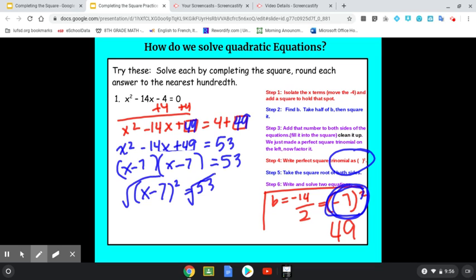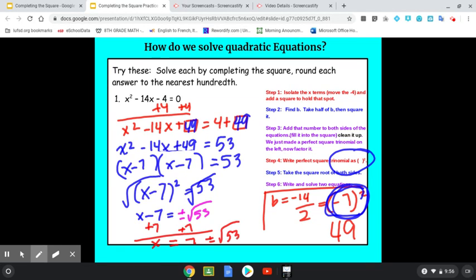So I'm going to square root it, and I get x minus 7. And then this comes down as a plus or minus radical 53. Okay? Now the next thing says to solve for x, so that just means I'm going to add 7. I need to get x by itself. I'm going to add 7 to both sides. So you get x equals 7 plus or minus radical 53.